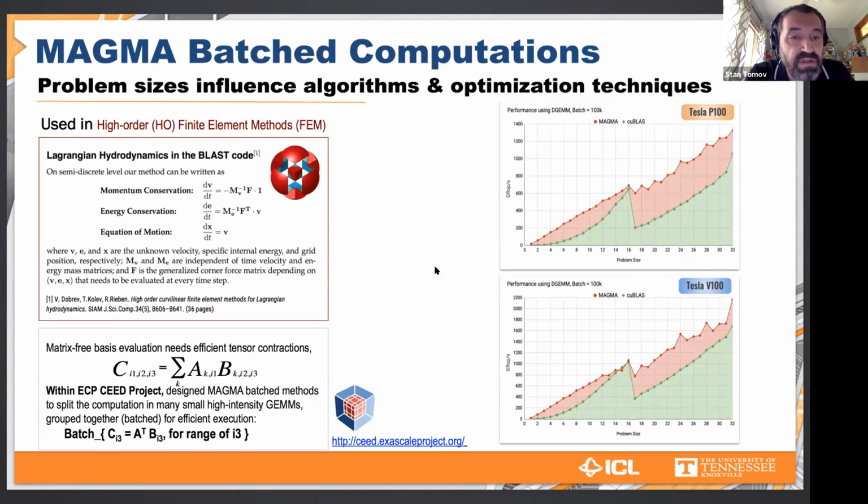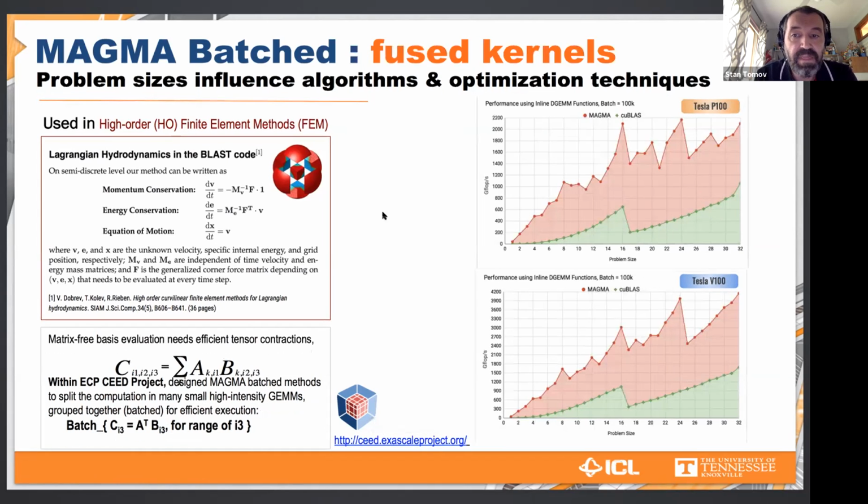MAGMA is supported from the SEED project, and this is basically to do various high-order finite element discretizations and solvers, which result in various tensor contractions that can be done with batched computations. So some performance illustrations are shown here. SEED has various backends, and MAGMA provides one of the backends there.